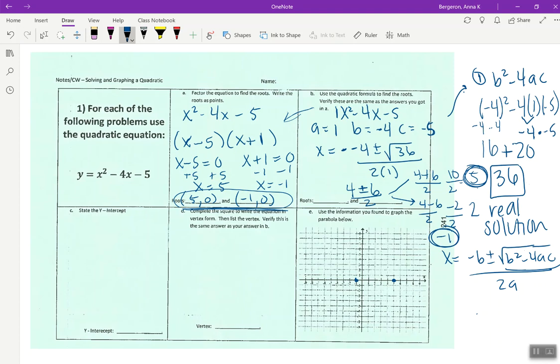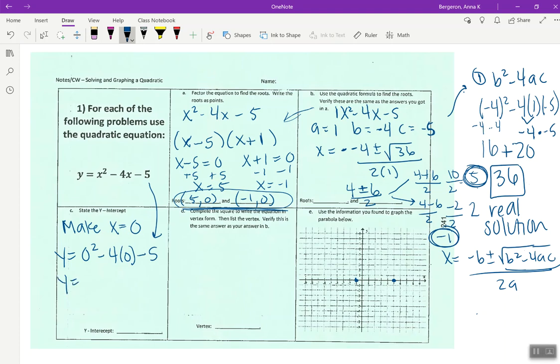Alright, so the next part is part C, which is to find the y-intercept. The y-intercept is really easy to find. You make x equal 0 and simplify. So I have y equals 0 squared minus 4 times 0 minus 5. All I did was take this equation, and everywhere I saw an x, I put a 0.